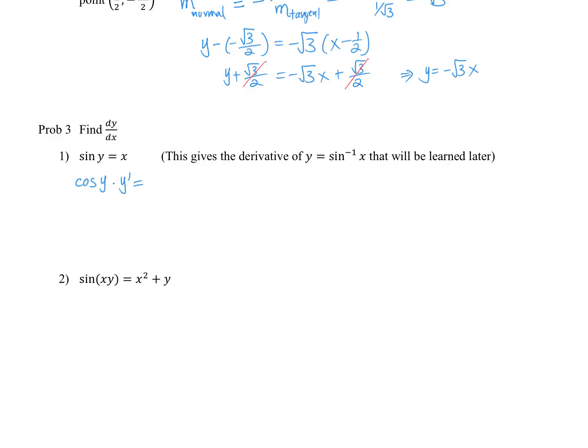And the right-hand side derivative of x is just 1. So therefore, y prime is equal to 1 over cosine y. And maybe at this moment we are satisfied here. So this could be the acceptable answer.